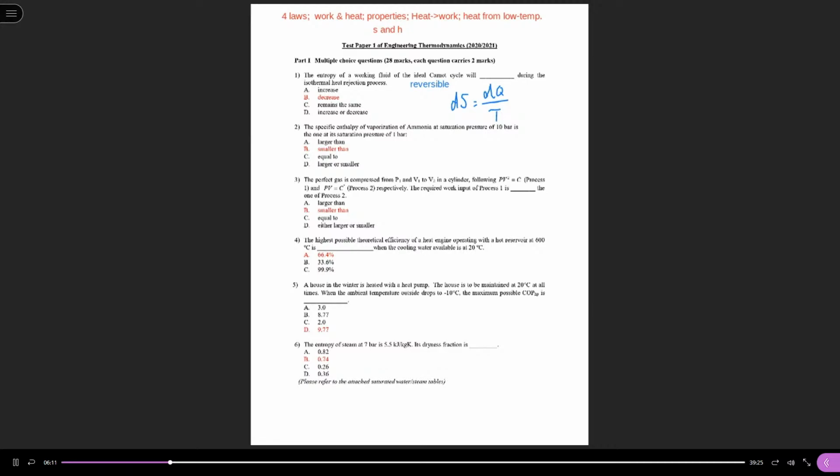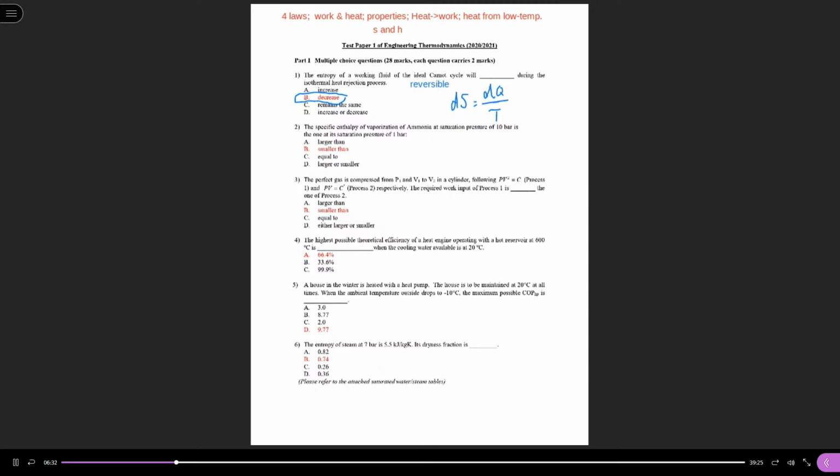Because the heat rejection process is losing heat, there is a decrease of the entropy. So for the first question, our solution is decrease.